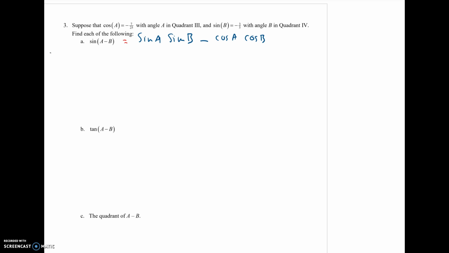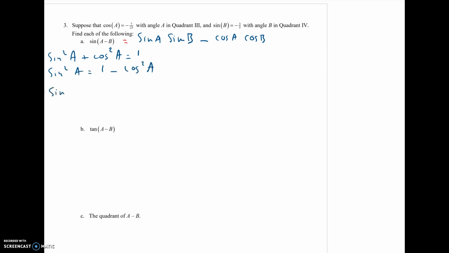Well, I know that sine squared of the angle A plus the cosine squared of the angle A equals 1. I know the value of cos A, so I can express sin²A equals 1 minus cos²A.